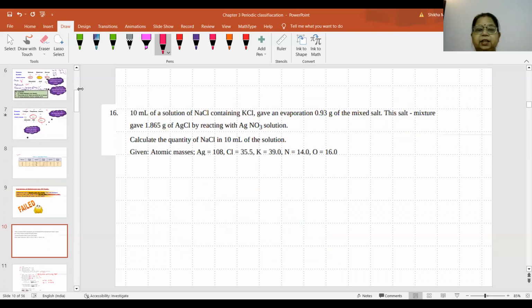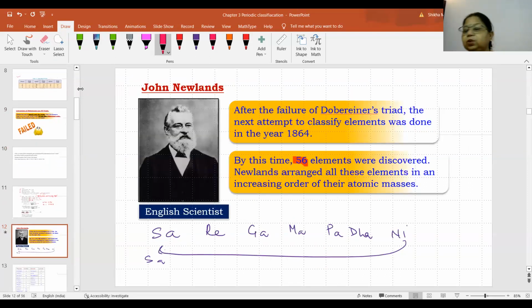After that, we started learning about Newlands' law of octaves. Since in the last class we did them in a hurry, I thought I'll just give you a recap. The basic thing we have to learn is that Newlands was a musician by heart, so he found the similarity in the property of the elements and the musical notes, like sa, re, ga, ma, pa, dha, ni, and again the sa will come.